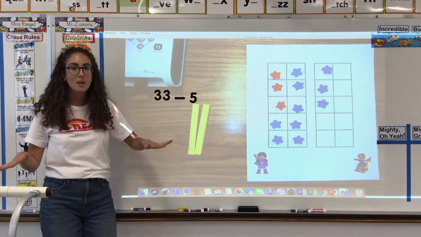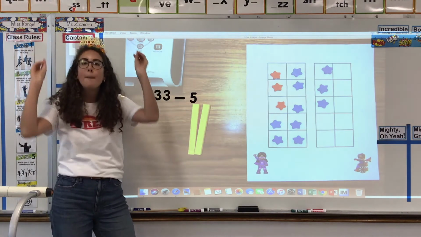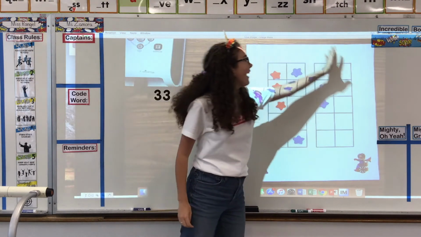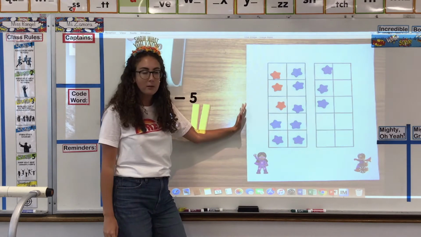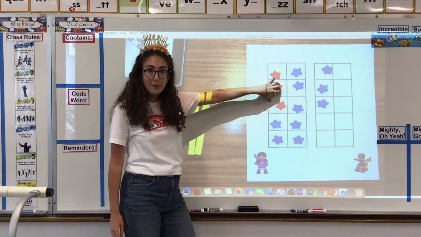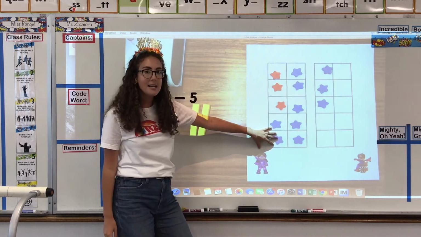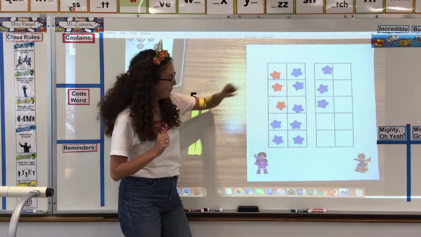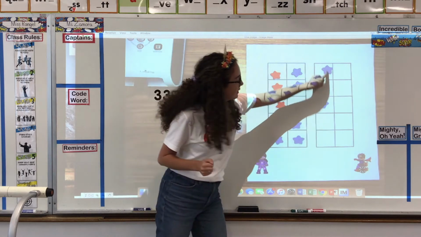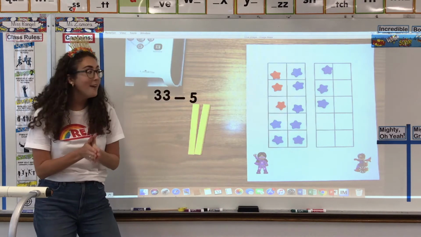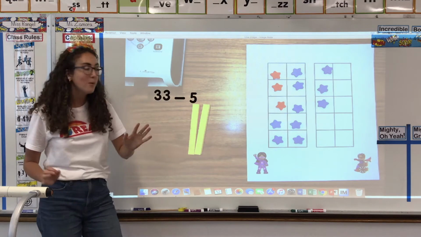Okay, my friends. So now that we unbundled a 10, how many ones do we have all together now? With the 3 we had before, and then this another 10, how much do we have? Look, you can see it. We have 13 ones.